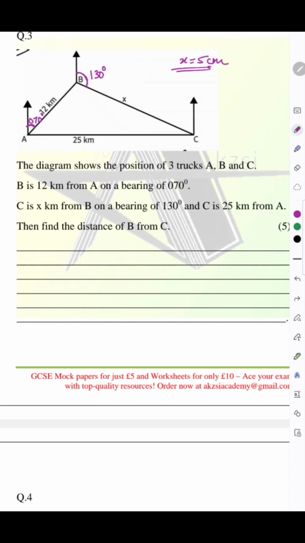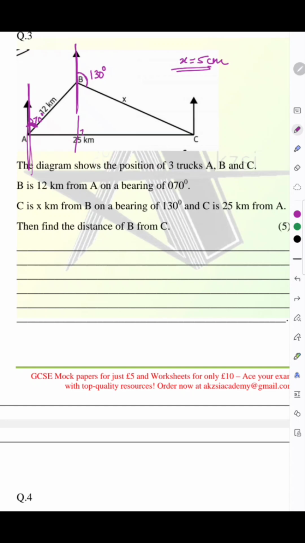So first thing is, let me write down all the angles and try to find as much as we can. Because this is already given as 070 degrees, we know if two lines are parallel. First of all, the most common mistake: if you are thinking that if you draw this will be 90 degrees, it's not mentioned anywhere that it is 90 degrees.